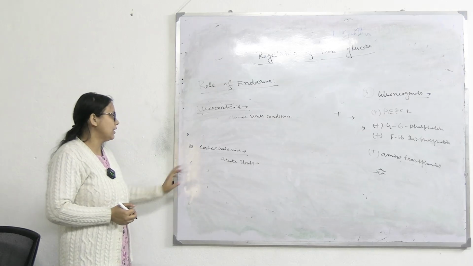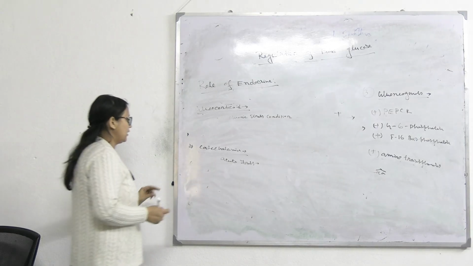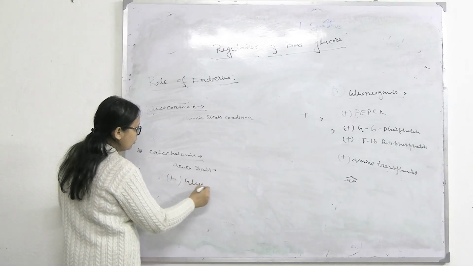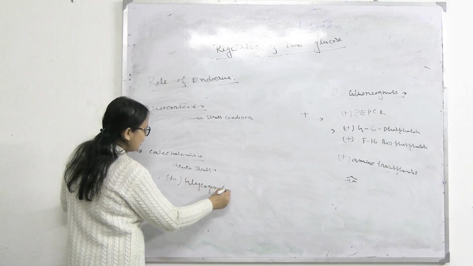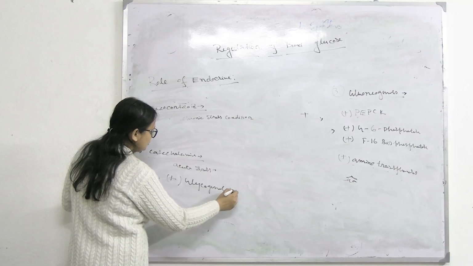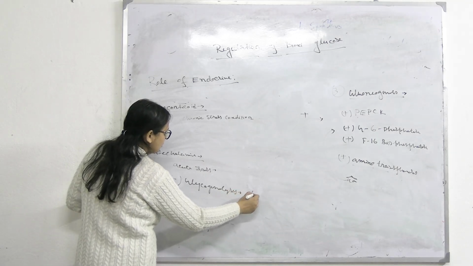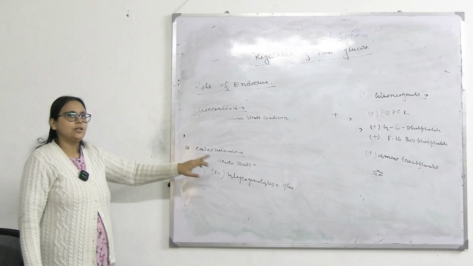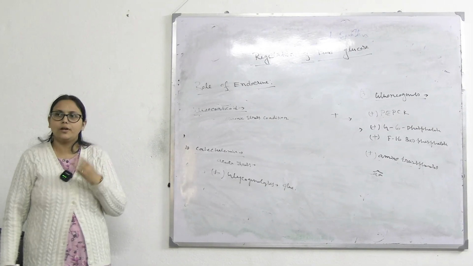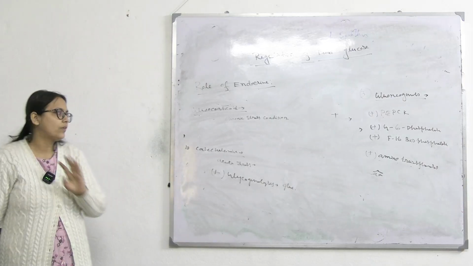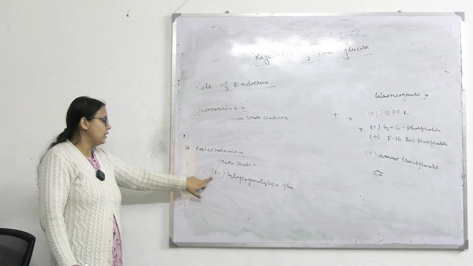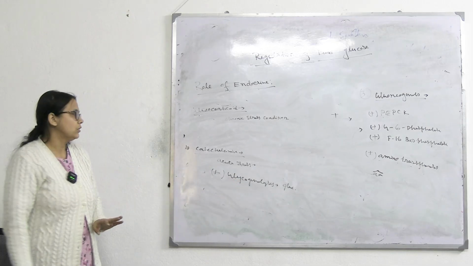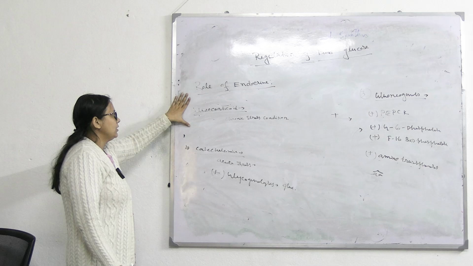In this condition catecholamines are secreted, and they mainly activate glycogenolysis to give rise to glucose molecules. So catecholamines are secreted mainly in acute stress condition, that is heavy exercise, cold exposure, psychological emergency, fight or flight mode. And it mainly activates glycogenolysis. Breakdown of glycogen means release of glucose. Okay, so role of endocrine is completed.